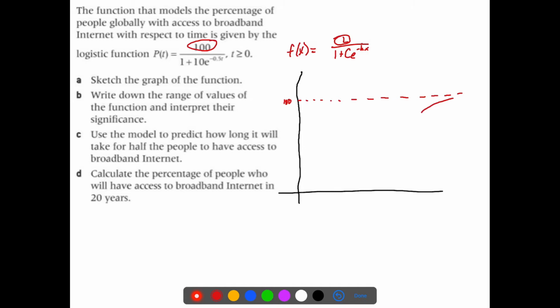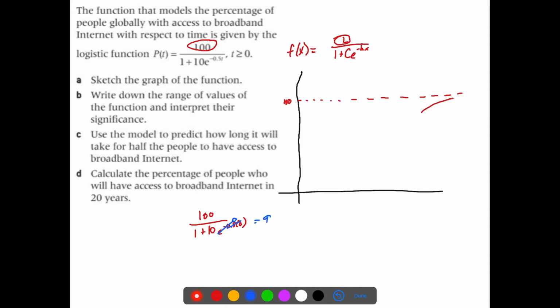All right? Now, the other point that's probably really important is getting the y-intercept. You could put 0 in for t. So I go 100 over 1 plus 10 e to the negative 0.5 times 0. Okay, this, of course, would continue to be 0. e to the 0 would be 1. So I'd get 100 over 1 plus 10.